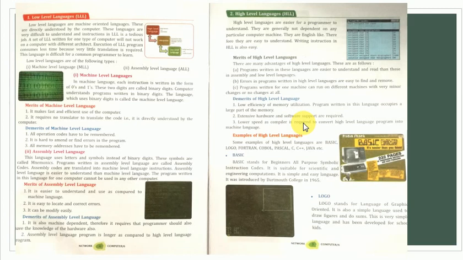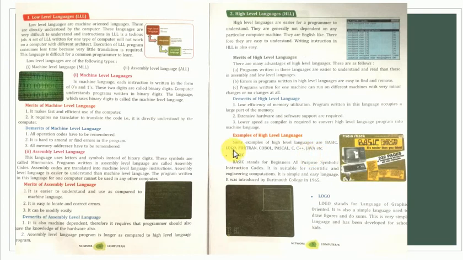Some examples of high level languages are: first BASIC, second LOGO, third FORTRAN, fourth COBOL, next Pascal, then C, C++, and the last one is Java, etc. There are lots of other languages also.